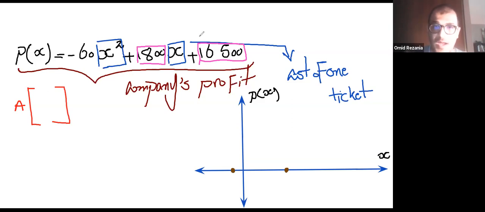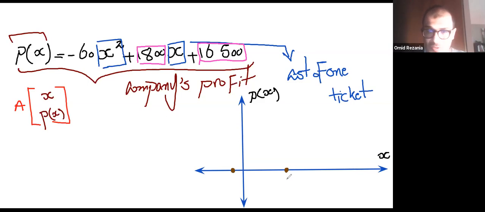The first part of the point represents the x, which is the cost of one ticket, and the P of x represents the company's profit. It means that if I want to show any point, the first element represents the x, the other one represents the P.